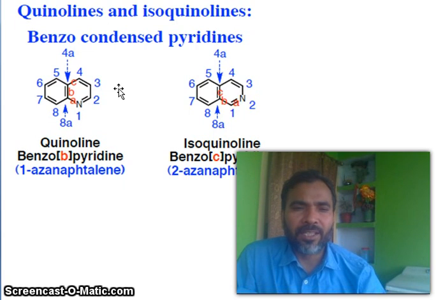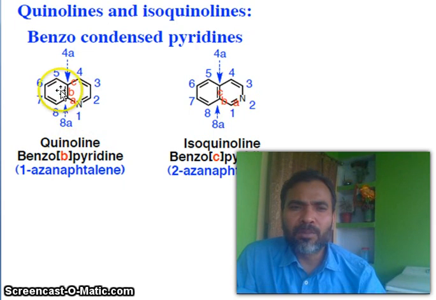That is a challenge. So if you read the names, quinoline and isoquinoline, the iso word is different, benzo is also the same, but you see b-pyridine and c-pyridine, here the attachment of the bond is different. Here this is the a bond, this is the b bond.